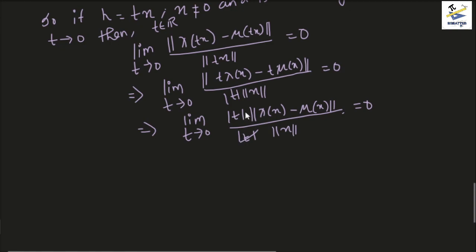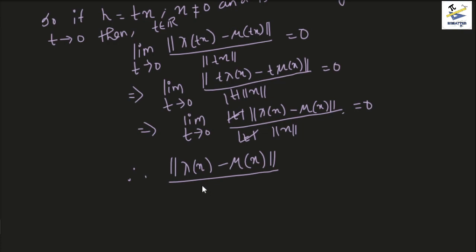And the mod t is cut off because it's inside the limit and t is not equal to 0 inside the limit. Therefore there is no condition for limit t tends to 0 anymore, and we see that the norm of lambda of x minus mu of x, divided by the norm of x, is equal to 0, right?